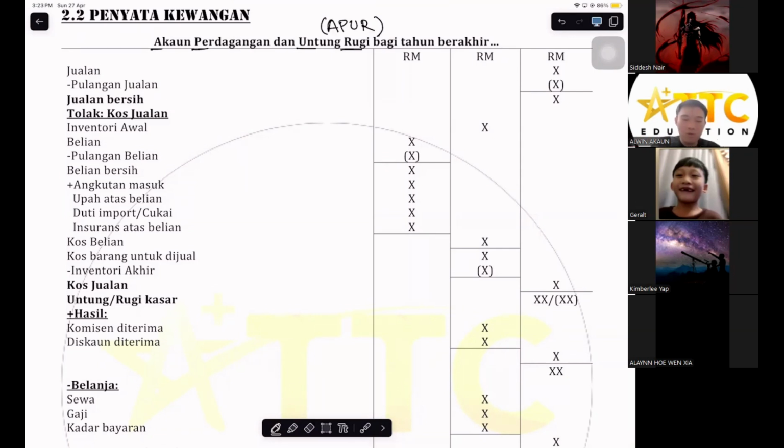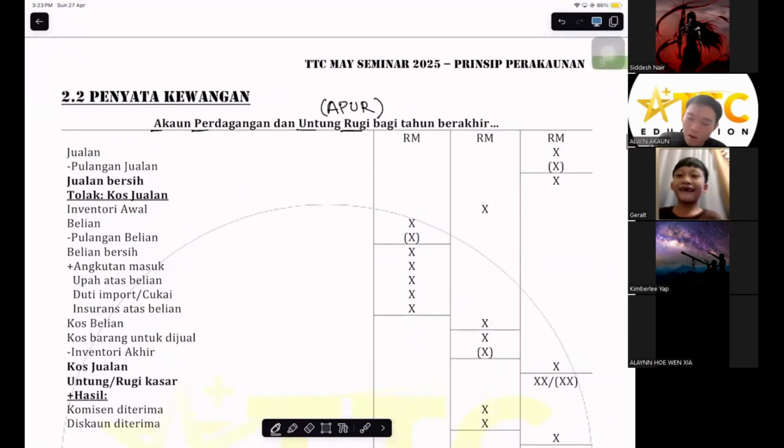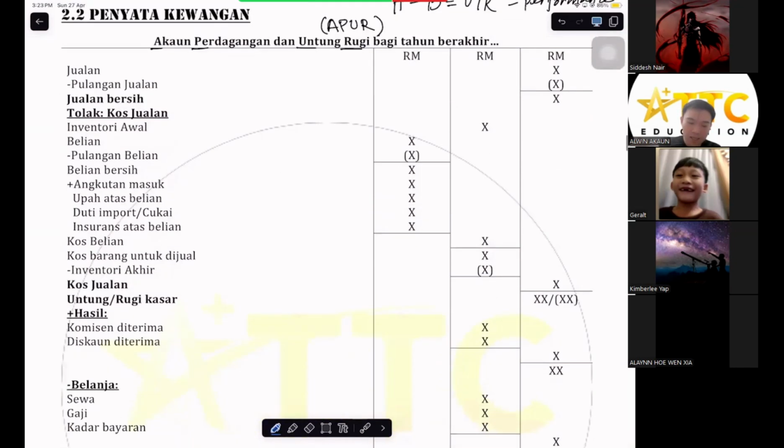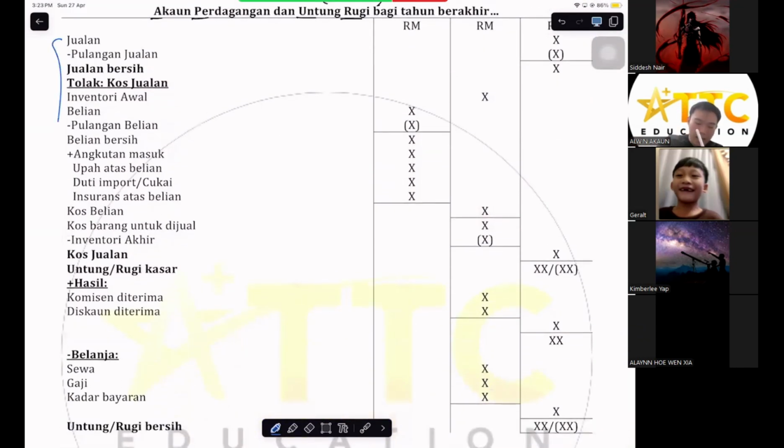Okay. So, APUR is actually talking about all your income minus all your expenses only, to see whether you untung or rugi for the year. So it's basically to see your performance, whether you are good or bad. The account perdagangan will be from your jualan up to your untung kasar.